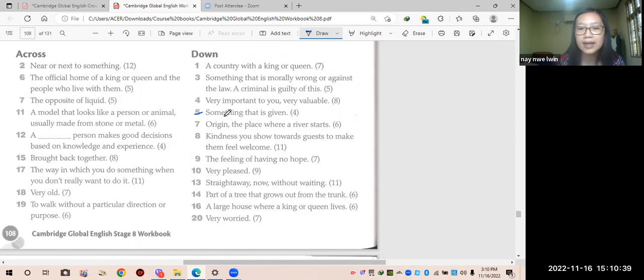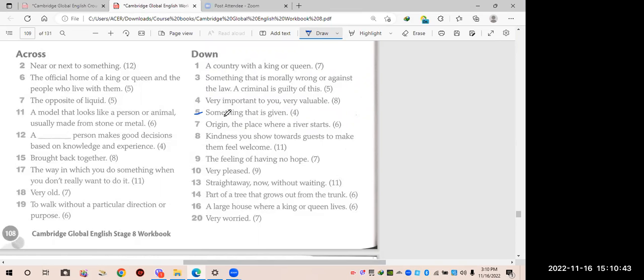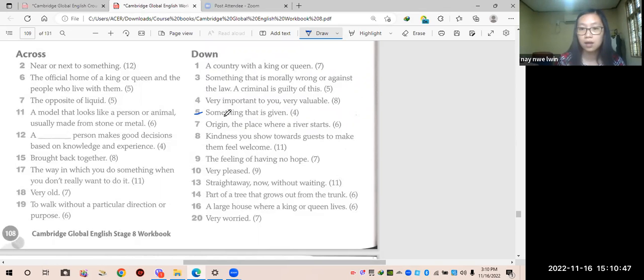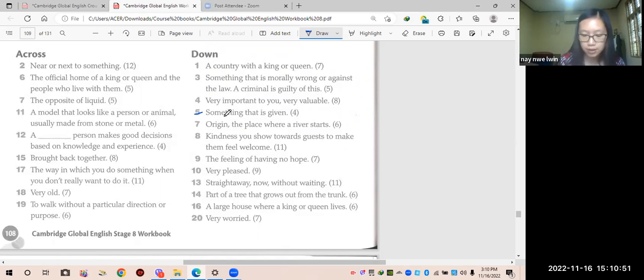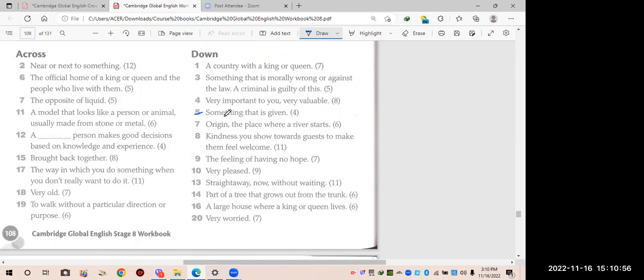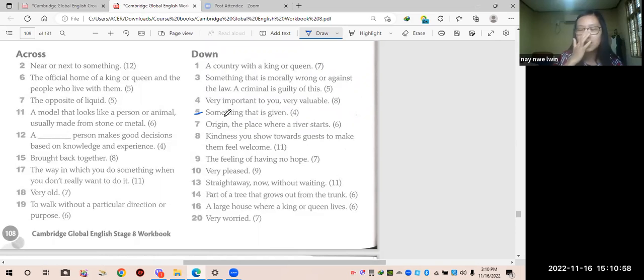And a large house where a king or queen lives. Palace. Yes. And 20, very worried.